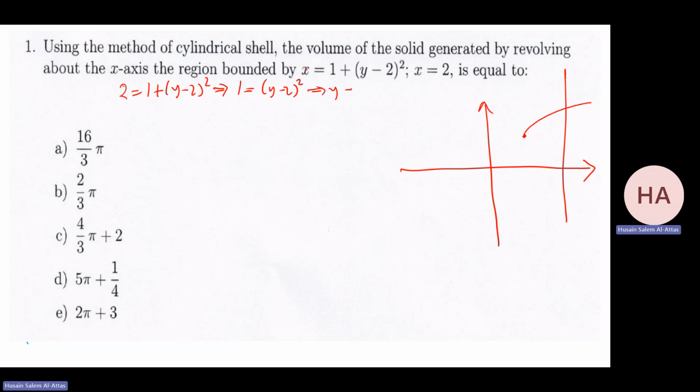So y minus 2 equals plus or minus 1, so y equals 2 plus or minus 1. So we will intersect at x equals 3. So it means it will be something like this.